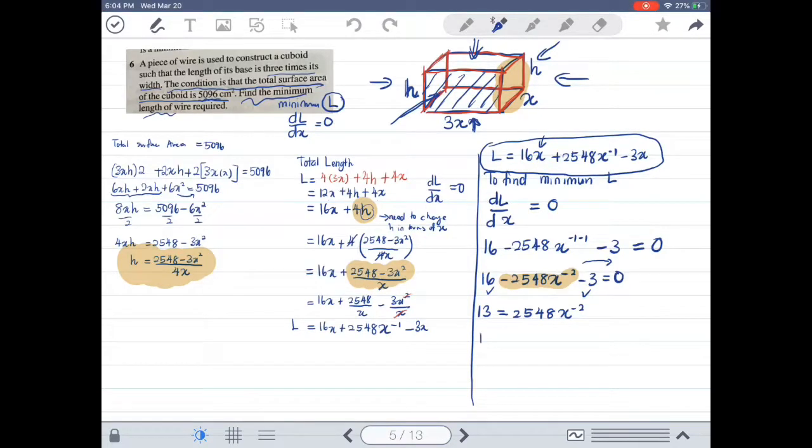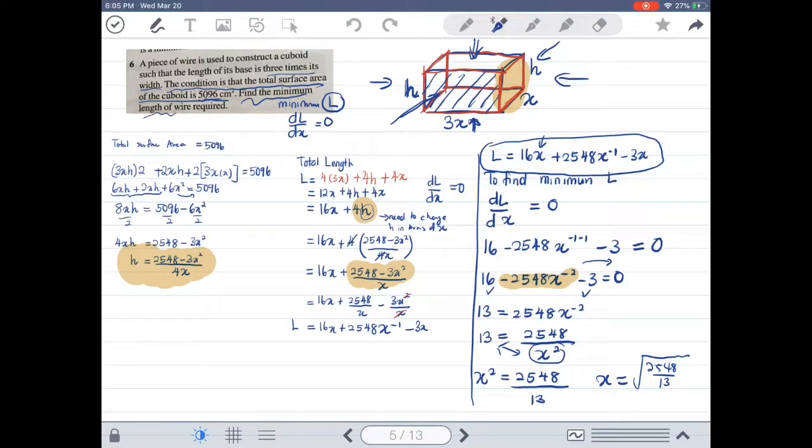If I rewrite it back, it's just 13 equals 2548 over x squared. So make this the subject. So x squared equals 2548 divided by 13. I just swap the position. Hence, x is just equals to the square root of 2548 divided by 13.